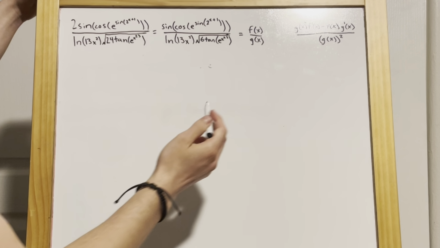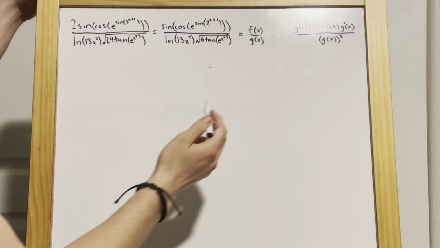So put this in parentheses, minus, now we have the derivative of the bottom. So f of x, let's rewrite this all: sine of cosine of e to the sine 2 to the x plus 1, times the derivative of the bottom right here.